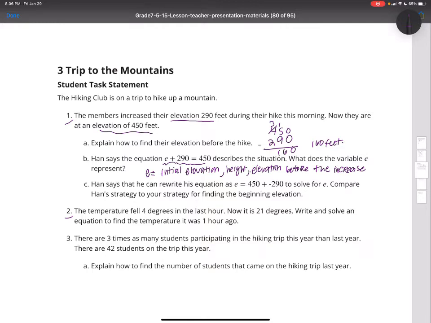So part C is saying that Hans says that he can rewrite the equation as E equals 450 plus negative 290 to solve for E. Compare Hans' strategy to your strategy for finding the beginning elevation. Okay, now when we were learning about adding integers, I always stated this. Adding a negative is the same as subtracting a positive, okay? So if we had to compare, Hans did the opposite.